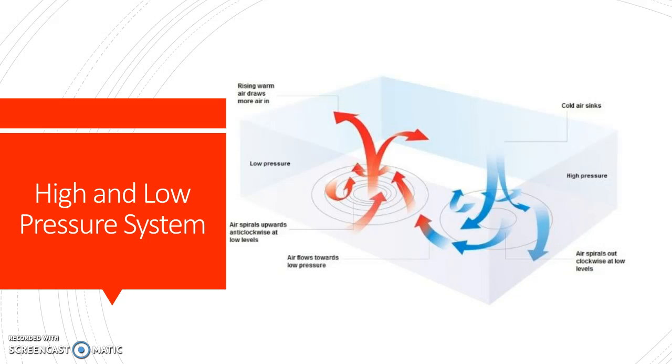But the important factor in this is that it accounts for a pressure gradient, a high and low pressure gradient, where a low pressure system would have winds converging, and a high pressure system will have winds diverging.